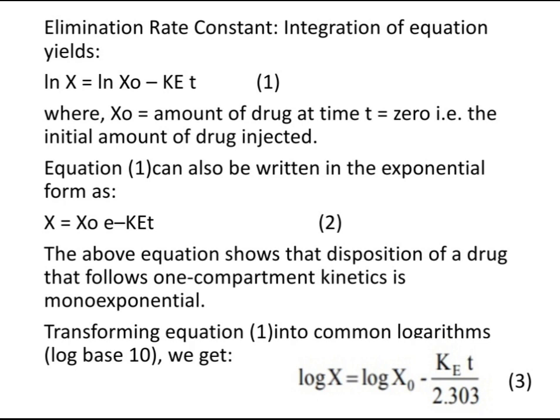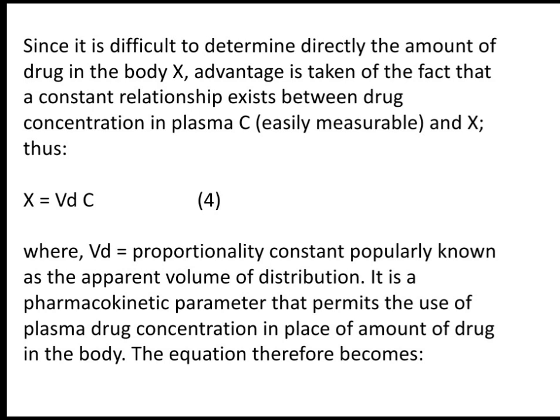Transforming equation 1 into common logarithm, log X = log X0 - Ket/2.303, equation 3. Since it is difficult to determine directly the amount of drug in the body, advantage is taken of the fact that a constant relationship exists between concentration in plasma C and X. Thus, X = VdC, equation 4, where Vd is the proportionality constant, properly known as the apparent volume of distribution.